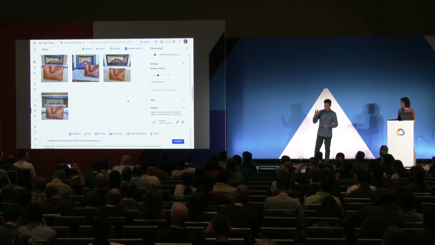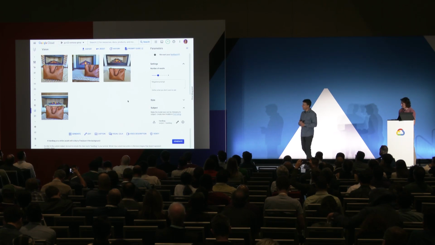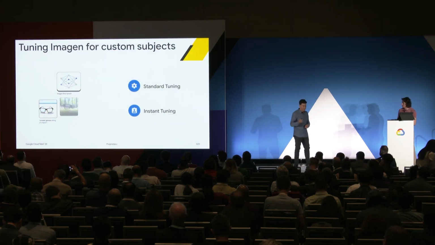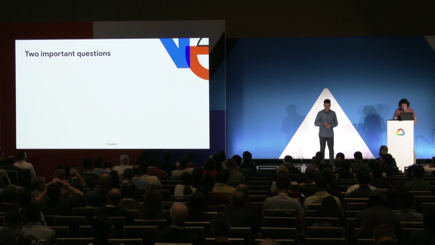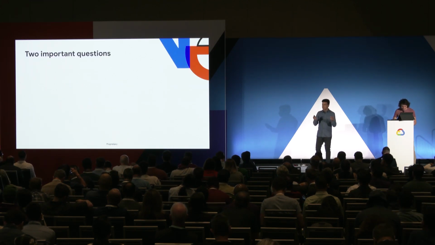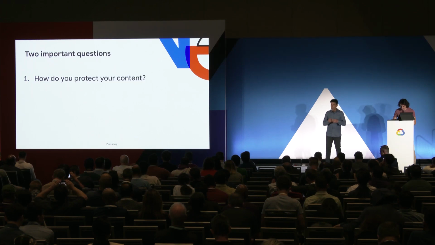So we have one more demo, and this demo is about digital watermarking. But let me introduce the concept first. There are 2 important questions that our customers ask when images are generated by AI. The first question is, how do you protect your content?